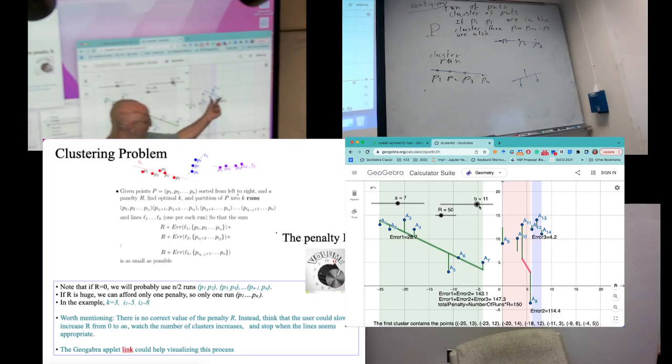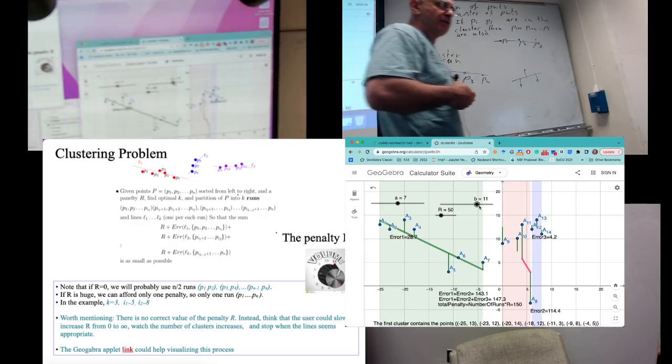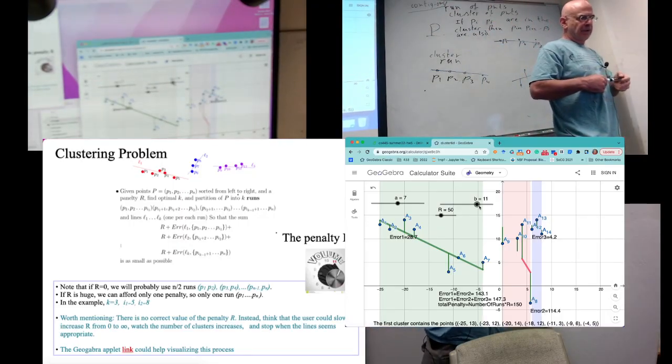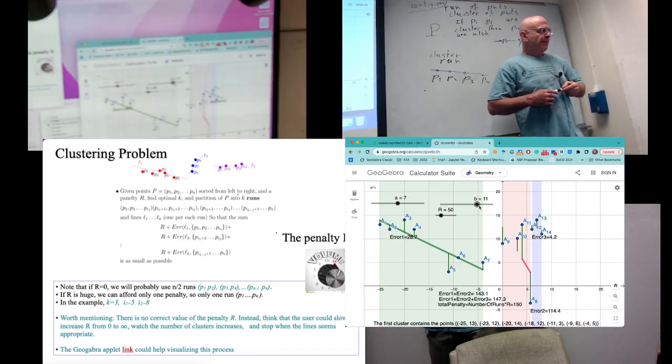Tell me what the points in the third cluster are, where the run starts, where it ends. Find the best line, compute the error, do the same for the points in the second cluster, and the same for the first cluster. For each one of them, find the best line and compute the error and sum up these errors.